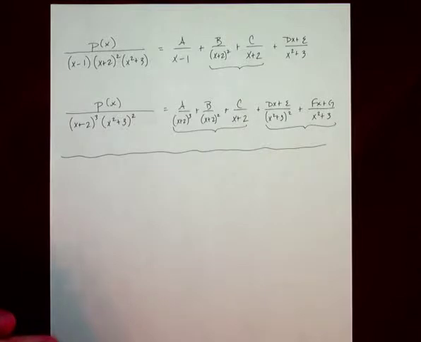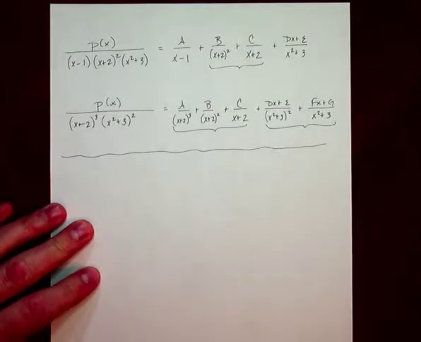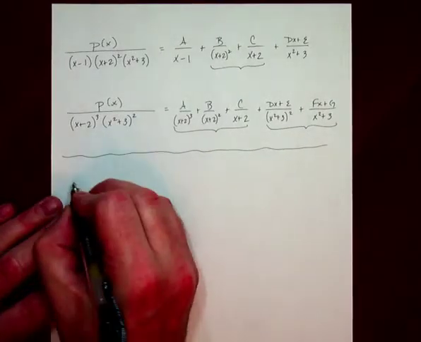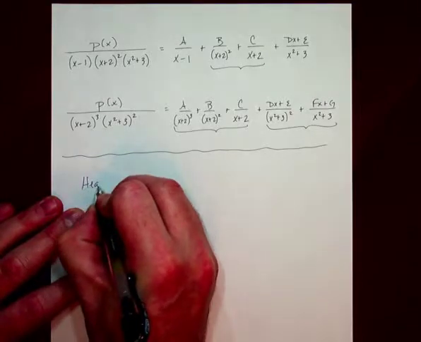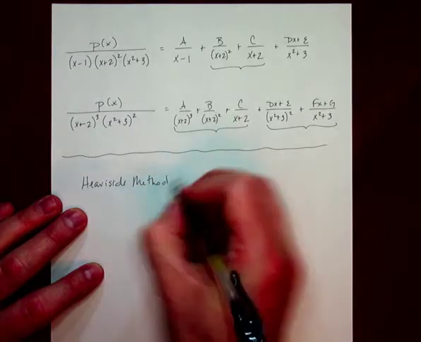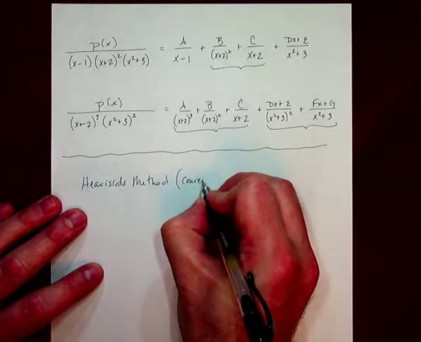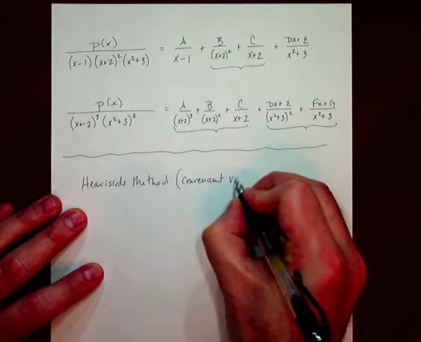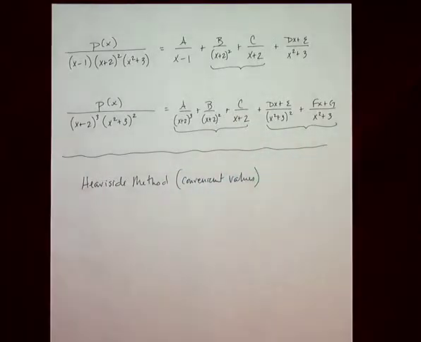Now, in terms of strategies, there are really 3 that we've seen, and 2 of them kind of overlap because both of them deal with systems, potentially at least. One is what we call the Heavyside method, or what I continually refer to as convenient values. Once I've multiplied everything through by that common denominator, they're the values that turn some of those factors into zeros, which makes it easier for me to find the A's, B's, and C's that we're looking for to populate those numerators.